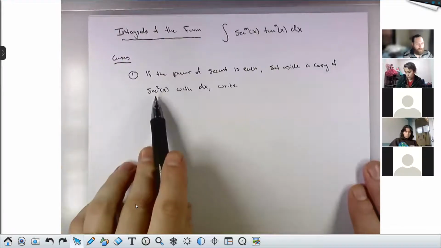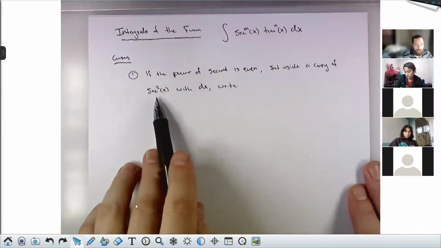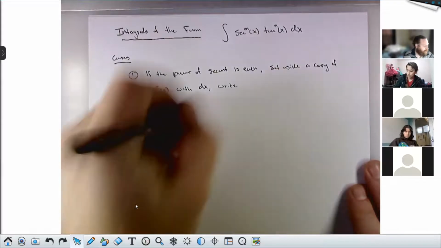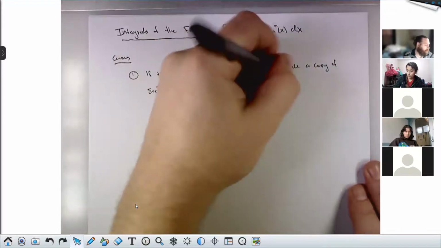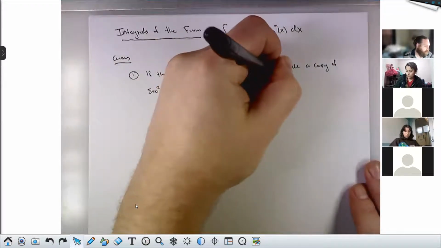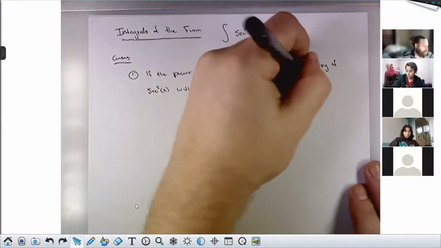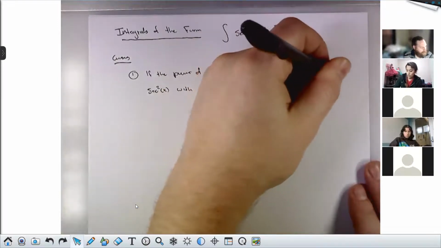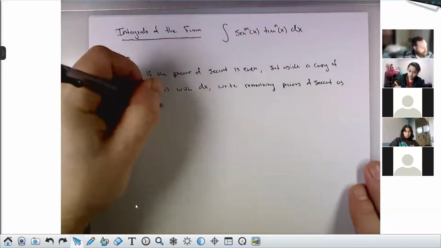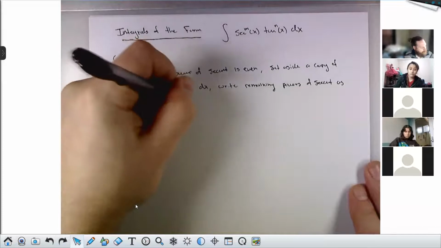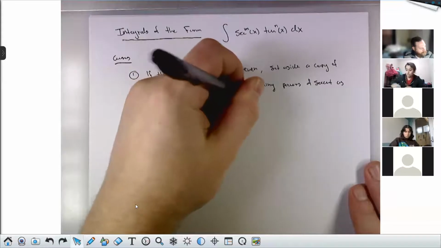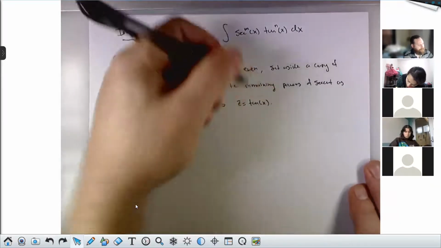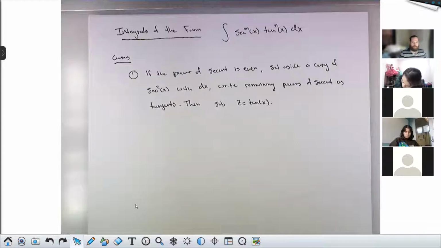If you take 2 away from an even number, you're left with another even number. So you'll still have an even power of secant left. Rewrite the remaining even powers of secant as tangents. Then we're going to sub z equals tan x. So if the power of secant is even, then the long-term goal is to sub for tangent.